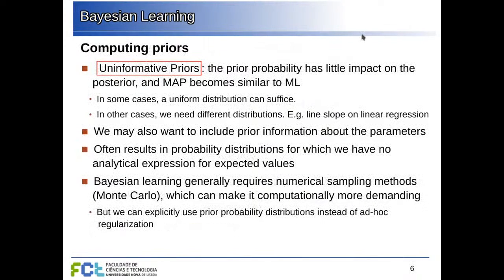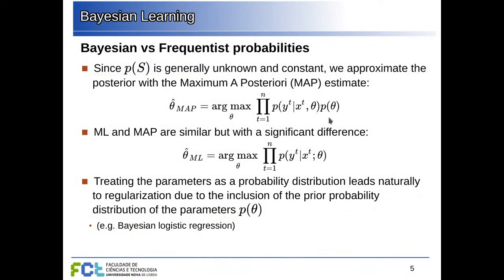And the Bayesian approach has this advantage that we do not need to do that in such an ad hoc fashion, because we can explicitly say what is the prior probability distribution of the parameters that we are assuming. And this works exactly as the regularization term, but it has a much clearer meaning in the approach. It's not something that we just add on, it's part of the whole way of understanding the search for the parameters under uncertainty and the whole idea of probabilities as expressing uncertainty.